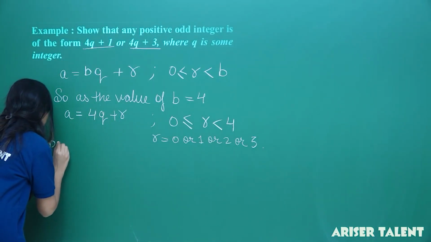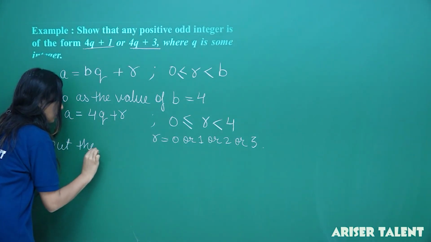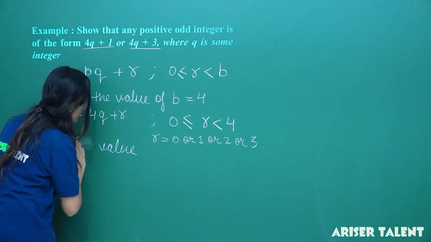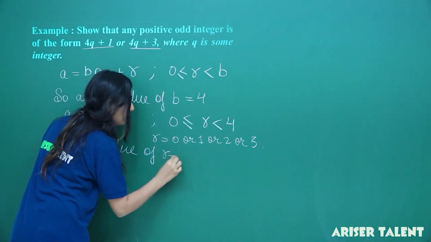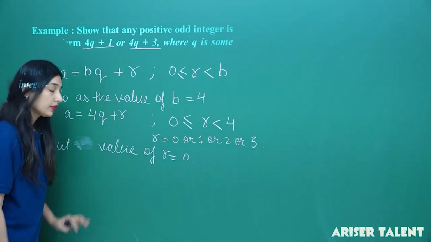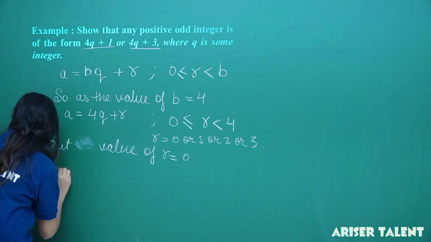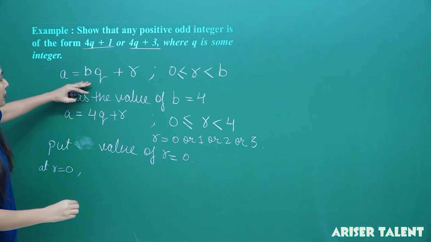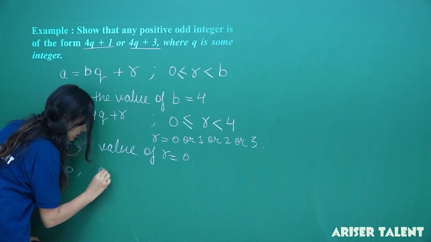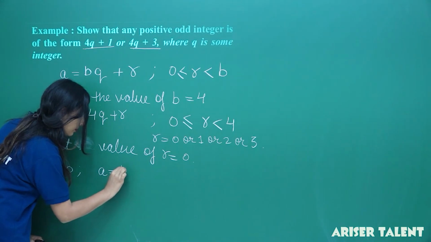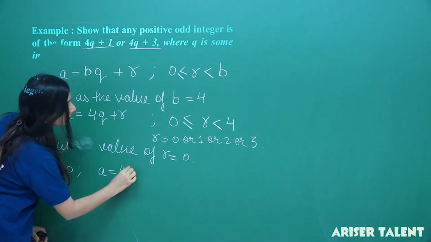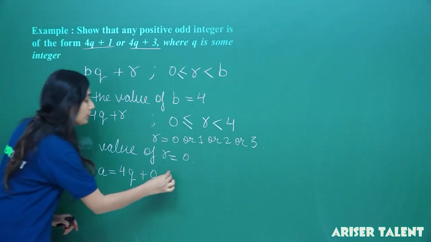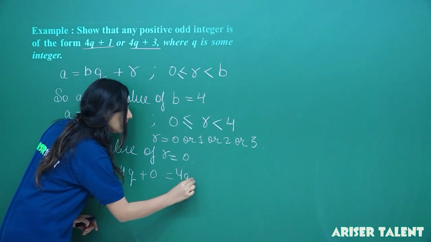Okay, so what do we have to do in our second step? Now put the value of r equals 0. At r equals 0, this equation will become a equals 4q plus 0 equals 4q, right?